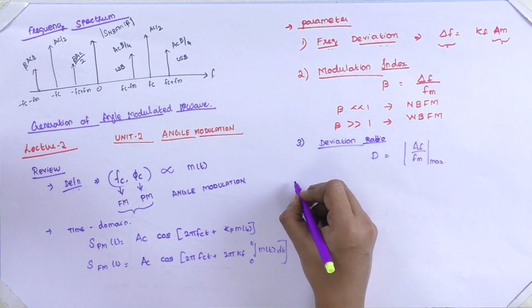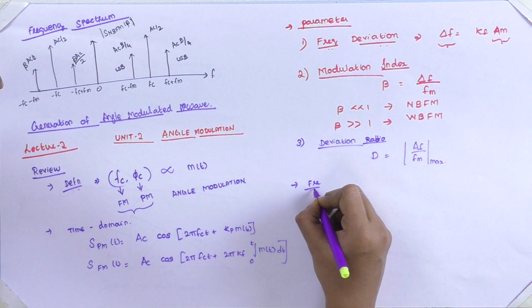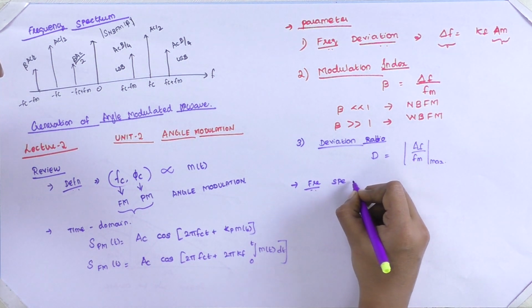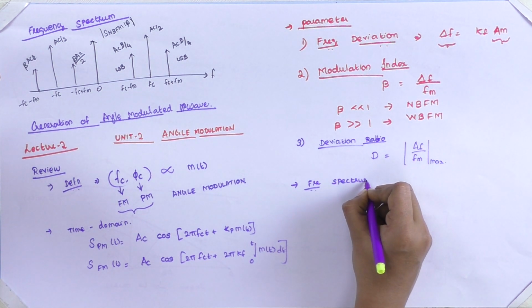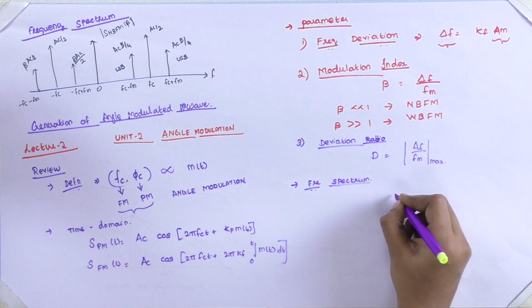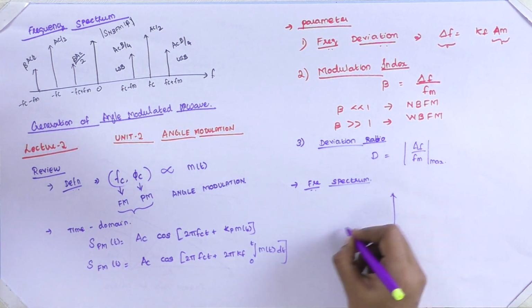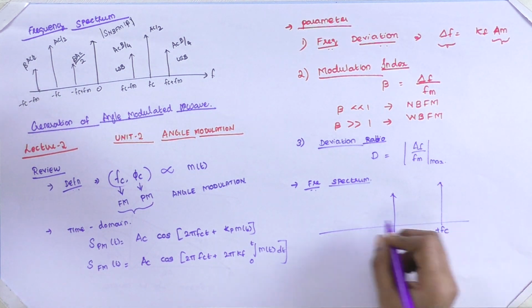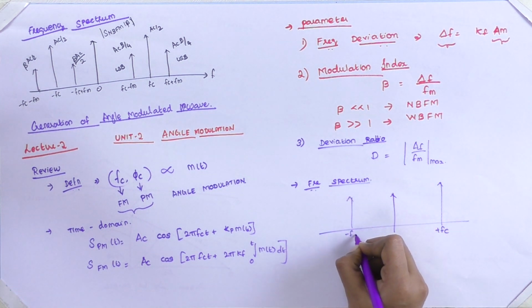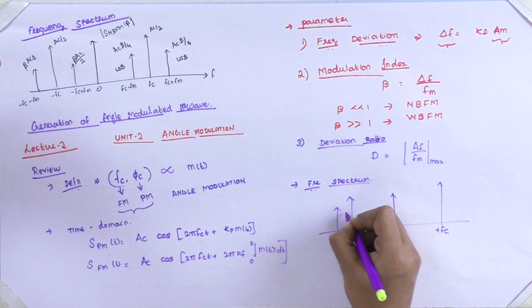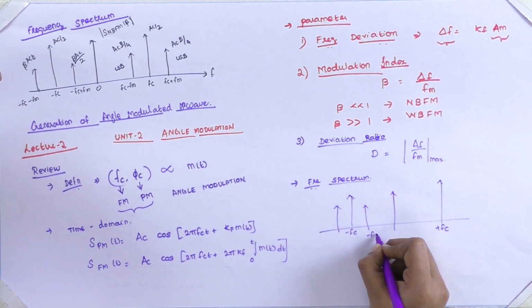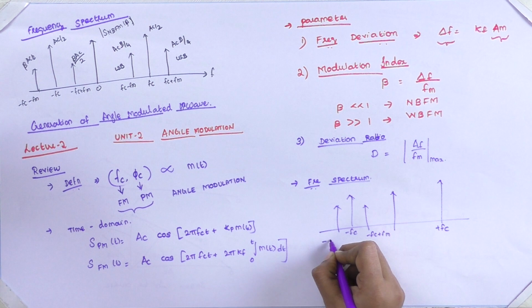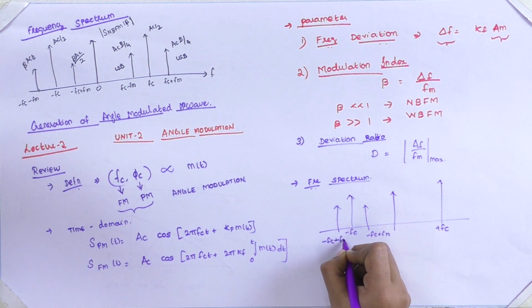And we have also seen the frequency spectrum for narrowband modulated wave. In the last lecture, we have seen the center frequency at plus fc and minus fc, with two sidebands at fc plus fm and fc minus fm.